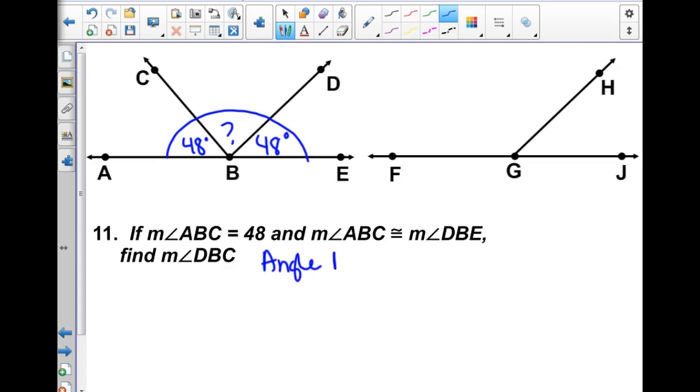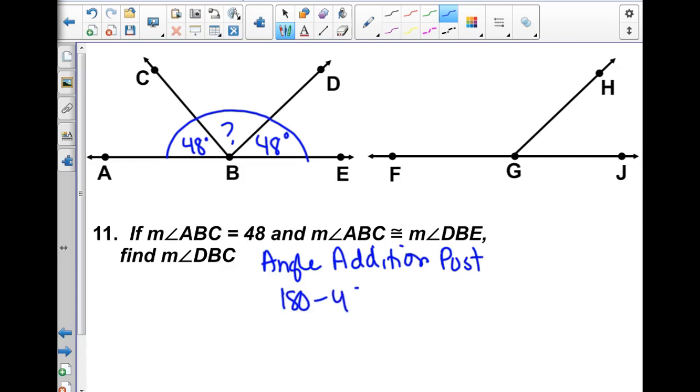You don't have to write this down, but by the angle addition postulate, or that they form a linear pair, those three angles add up to 180. So we're going to go ahead and just figure out angle CBD by subtracting.